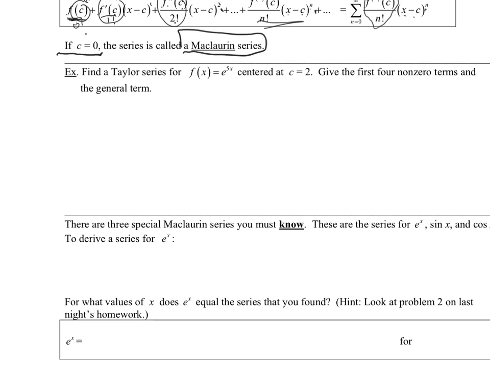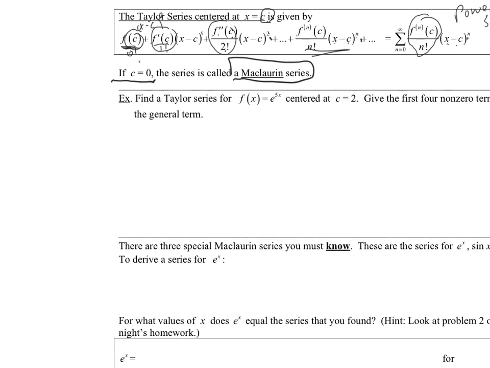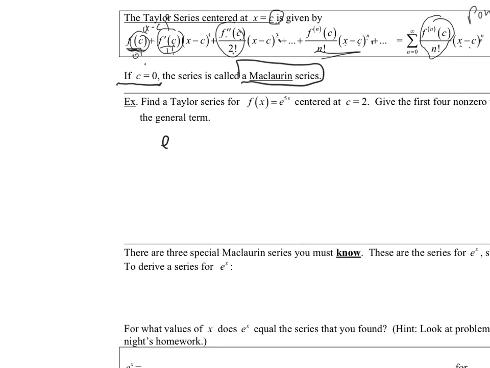Now, to remind you how we do it, we're going to say e to the x is, because we are going to go all the way to the general term, it's always going to be f of c. Well, in this case, c is 2. Let me write that out, though. f of c times x minus c to the 0 power over 0 factorial, but why waste your time?